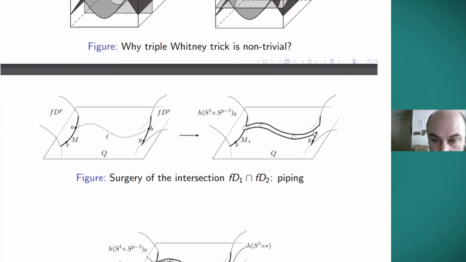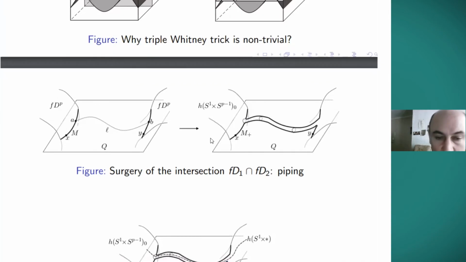So we make this tube, and the tube intersects the manifold Q, the 3rd disk, by a union of 2 curves. So in this situation, the double intersection is already connected, but the price for that is that we changed this disk to a disk with handle. What we need are disks. So after this part of surgery is done, we need to make another part of surgery.